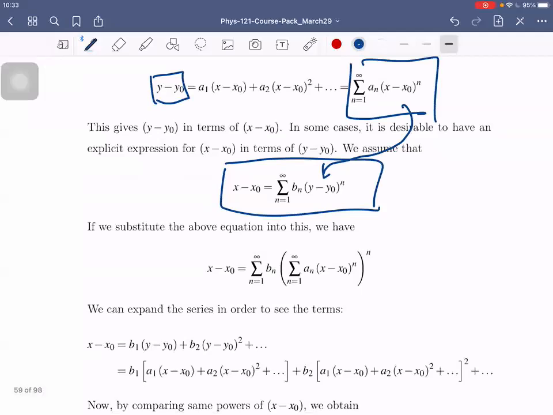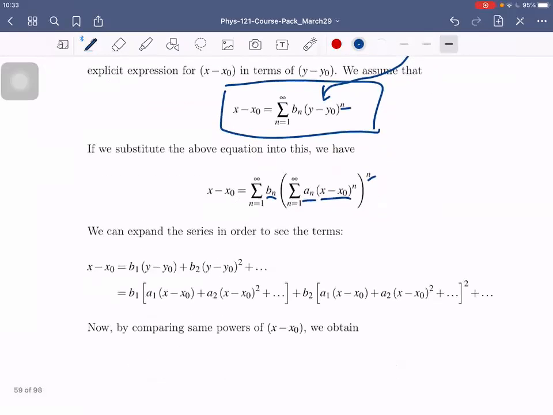x minus x sub 0 is equal to the sum from 1 to infinity of b sub n times the sum from 1 to infinity of a sub n times x minus x sub 0 raised to n. Kasi may raised to n pa dito. Okay? So let's expand. Medyo mahaba, no?